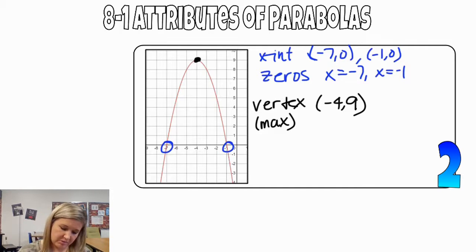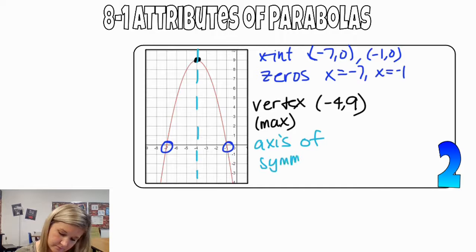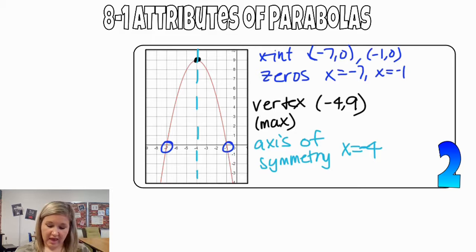So our axis of symmetry, remember, goes through that vertex and it's going to reflect back. It's going to be a vertical line every single time. And so our axis of symmetry is going to be at x equals -4.